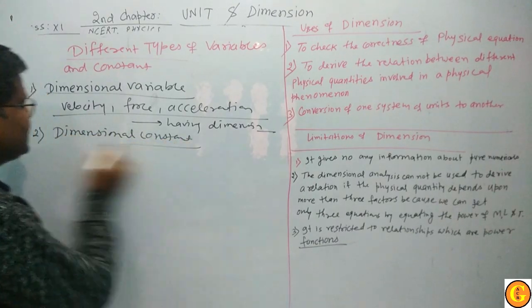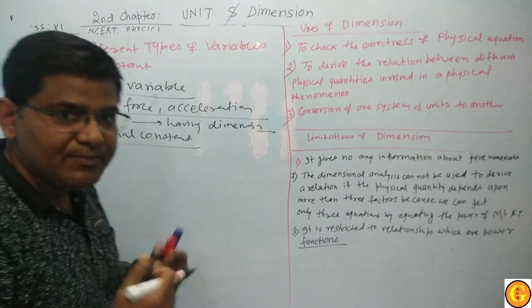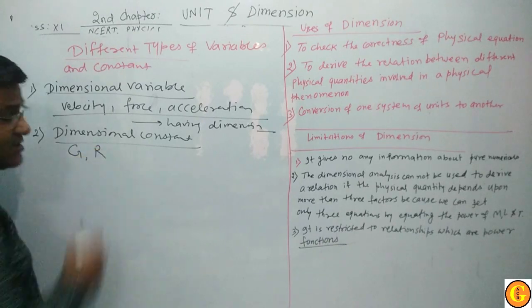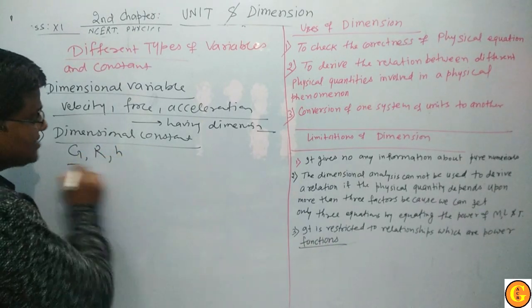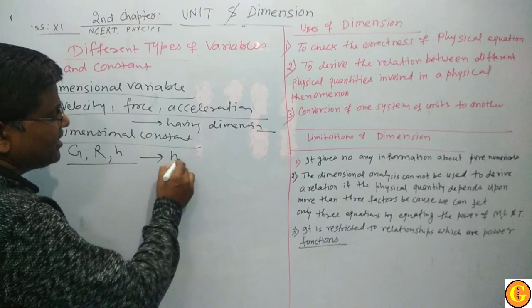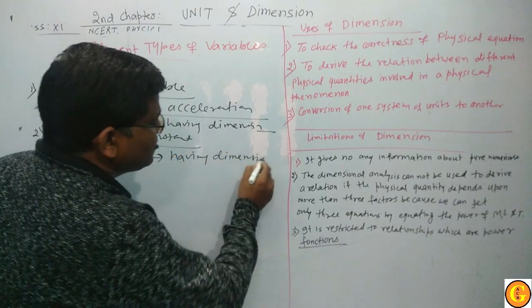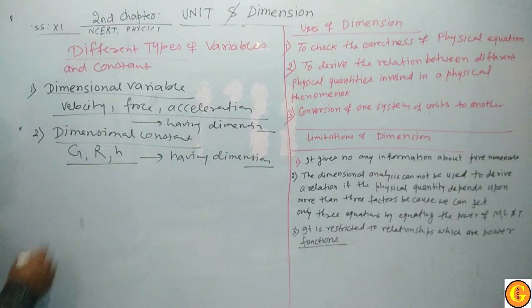Dimensional constant means a physical quantity having a fixed value, like the gravitational constant, universal gas constant, and Planck's constant. These all have dimension, and hence are called dimensional constants.